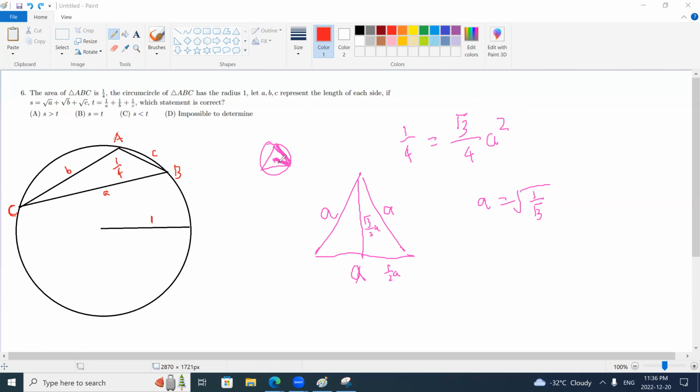But this is 1 because that is the radius of your circumcircle. So there's no way this is true. I'm just telling you, there's no way this is true. I can calculate the exact distance of this, but just know it's way smaller than 1, when it's supposed to be 1, if this is an equilateral triangle.